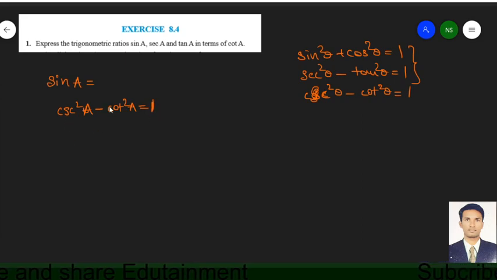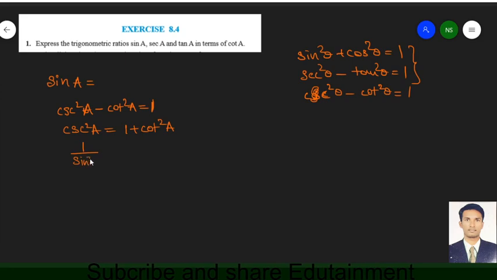Because here, send the cot to another side and isolate this cosecant. Cosecant square A is equals to 1 plus cot square A. But cosecant is nothing but 1 by sine. So I can write here 1 by sine square A, which is equals to 1 plus cot square A.